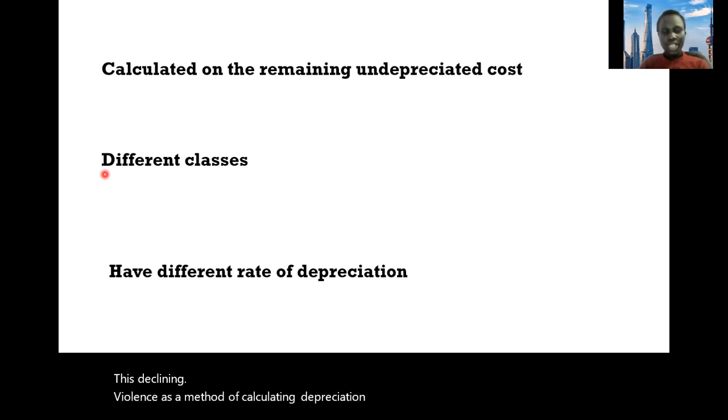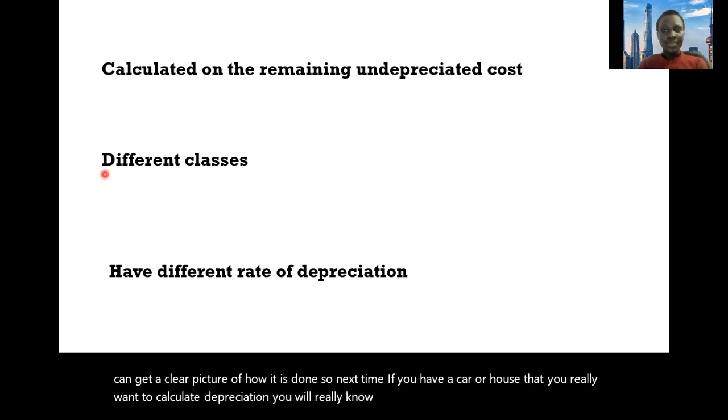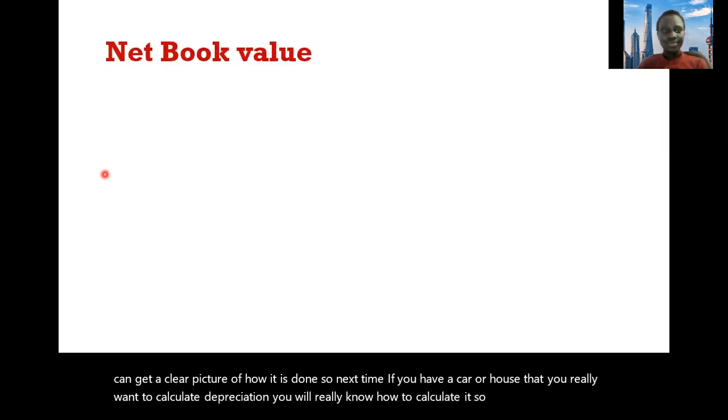But let's look at the example so we can get a clear picture of how it is done. So next time, if you have a car or house that you want to calculate depreciation for, you will know how to calculate it.